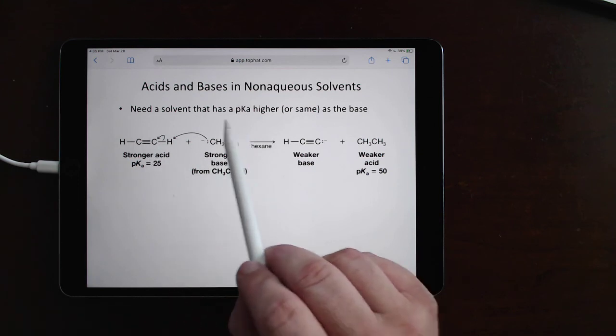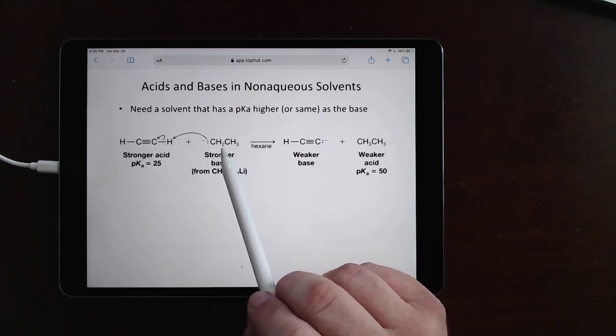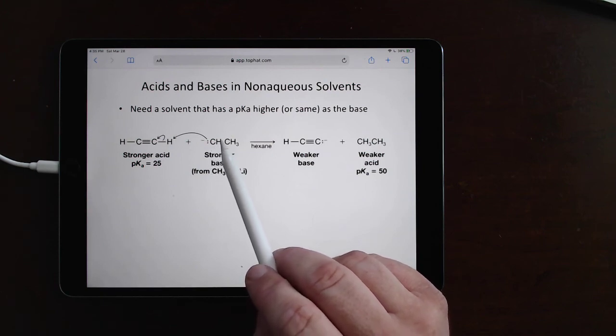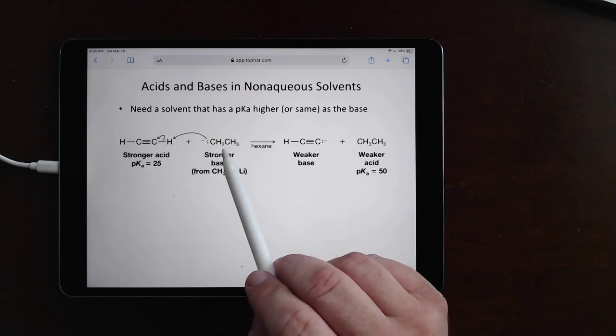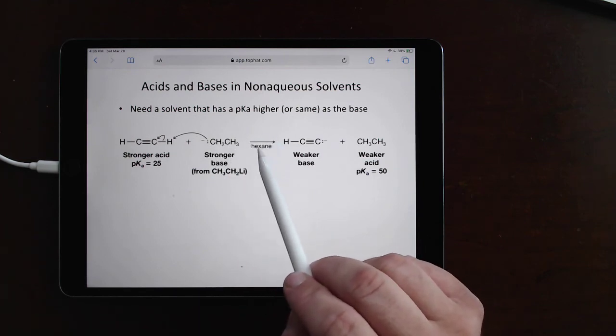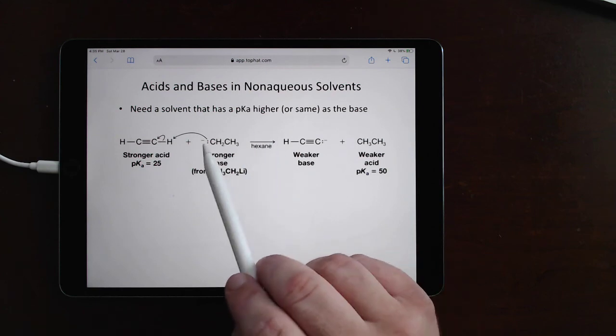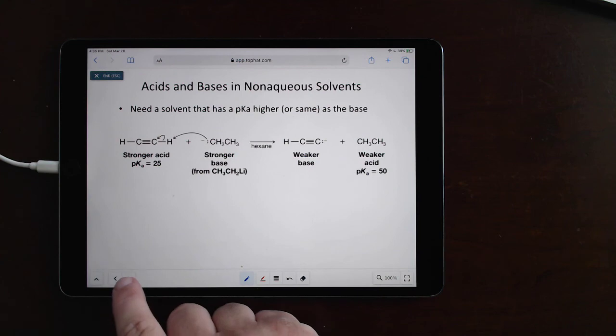You can also run this if you had a really strong carbon nucleophile here. It's a really strong base, so you're not going to be able to run this in water. You're going to run this in hexane, which can't get deprotonated, or even if it did, it wouldn't matter because it would have a very similar pKa.